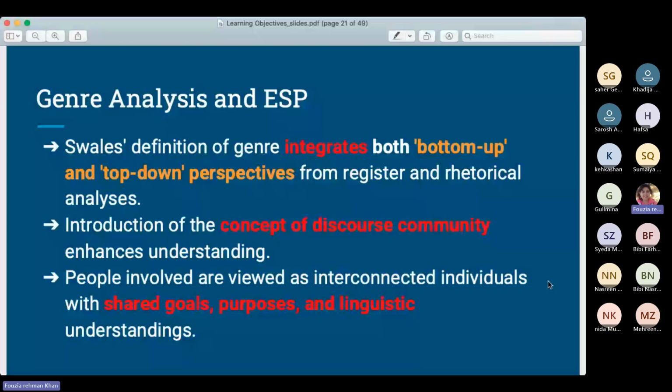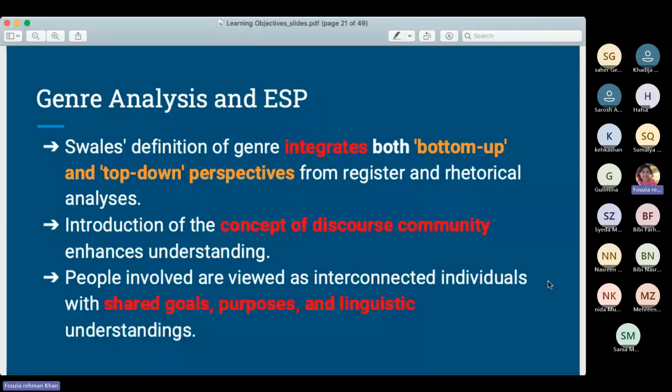Again, first of all, you need to remember that it integrates both kinds of approaches and both kinds of analysis, the register analysis and the rhetorical or discourse analysis. You know that rhetorical analysis is a top-down approach, whereas register analysis is a bottom-up approach.